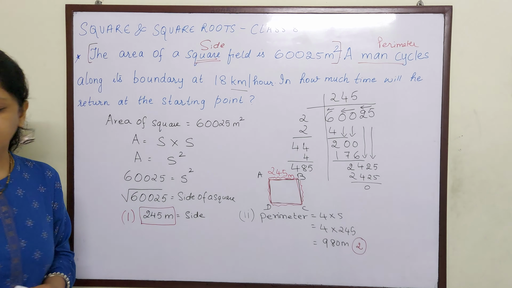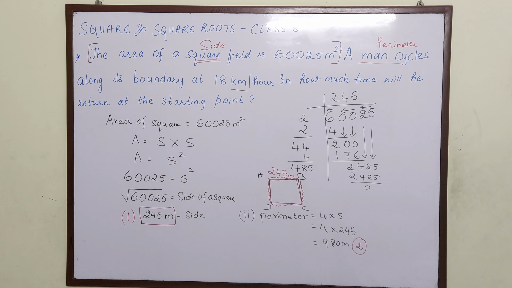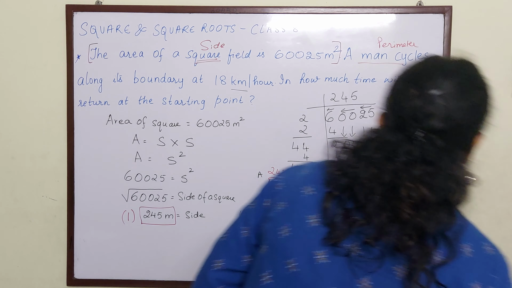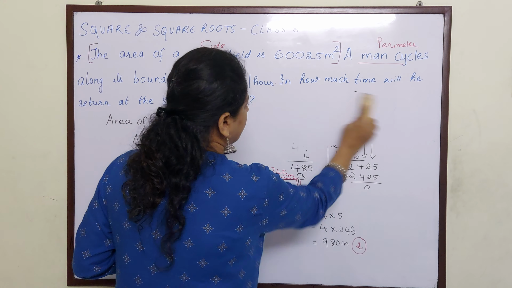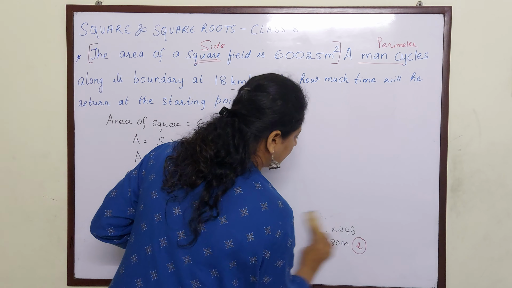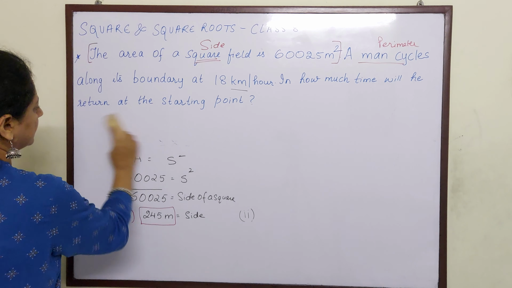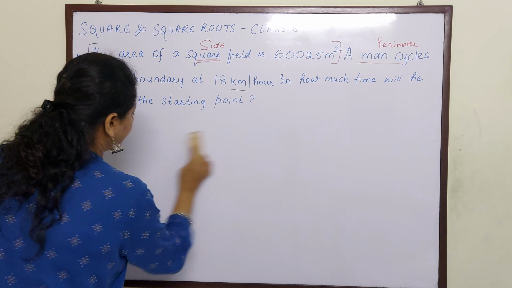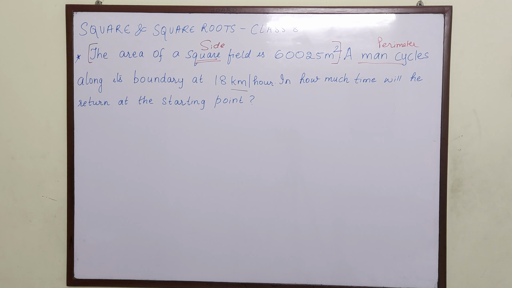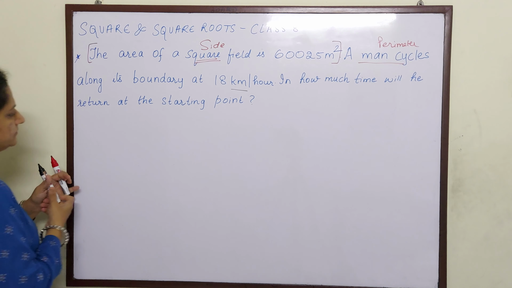Now they have given us 18 km per hour. What is 18 km per hour, children? It is speed. So they have given us the speed and we have found the distance covered by the person. How will we find time?